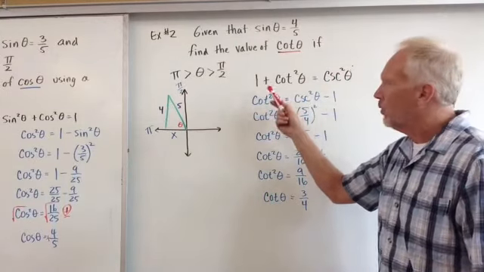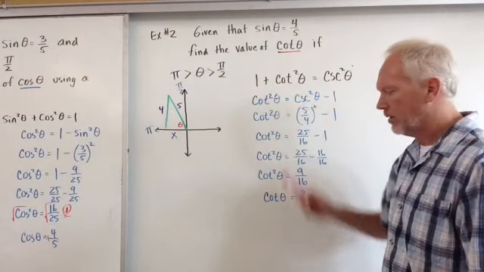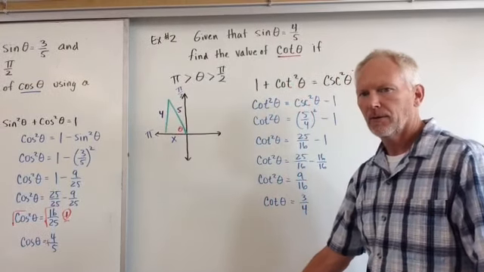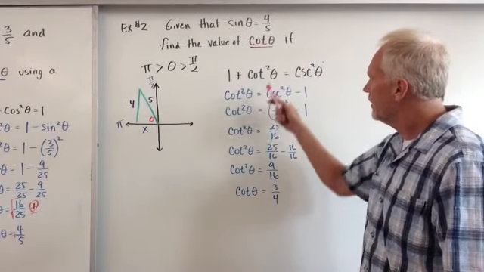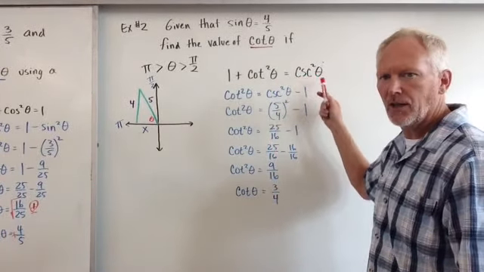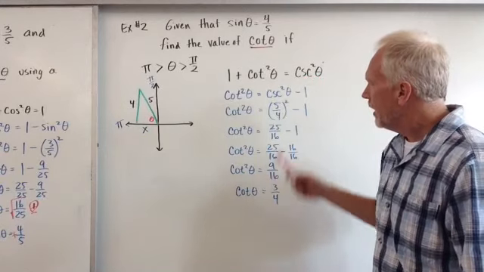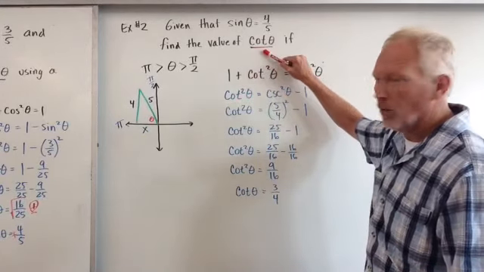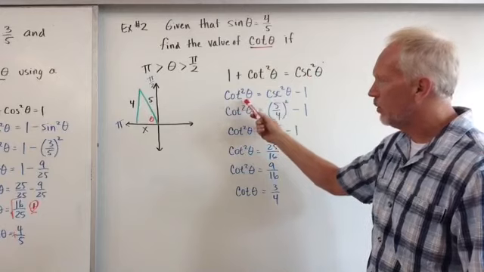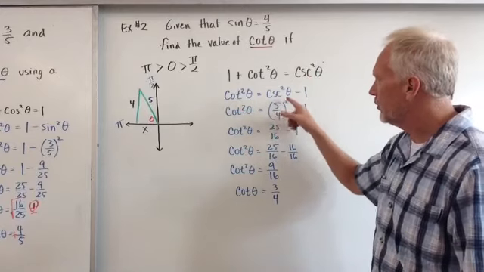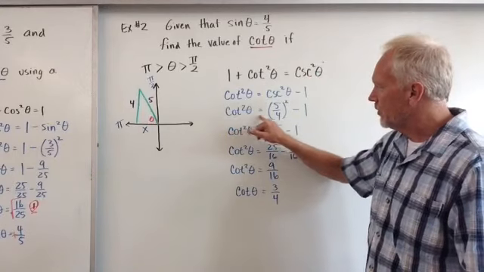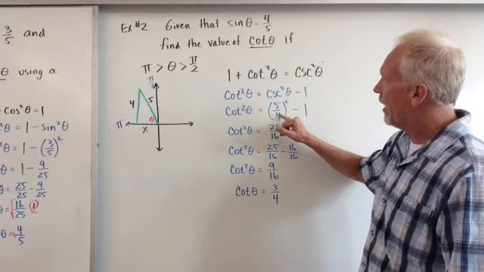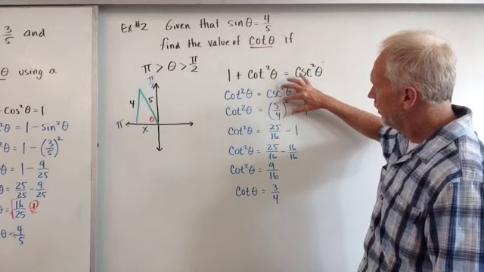So let's see. We use the identity 1 plus cotangent squared of theta is equal to cosecant squared of theta. Because they want cotangent, I use cotangent squared is equal to cosecant squared minus 1. Cotangent squared, I substitute the value of the cosecant.